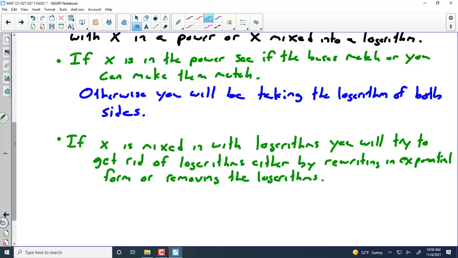If x is mixed in with some logarithms and you're trying to solve for x, you're going to try and get rid of the logarithms, not bring them in. You're trying to get rid of them. And you're either going to do that by rewriting in exponential form or removing the logarithm.